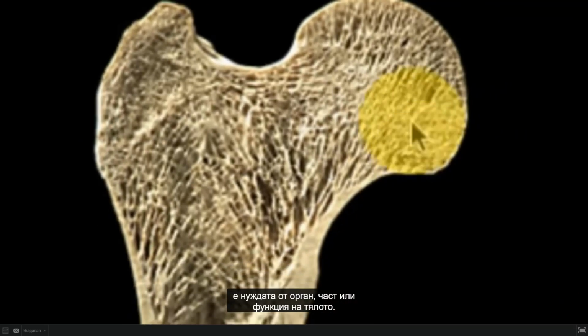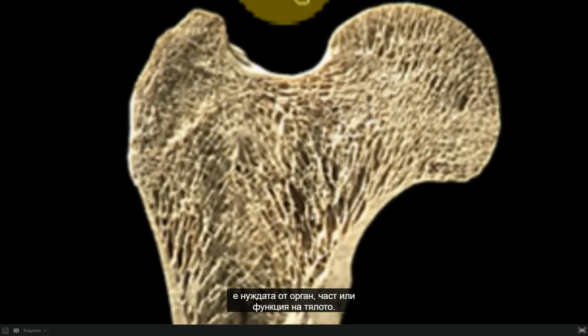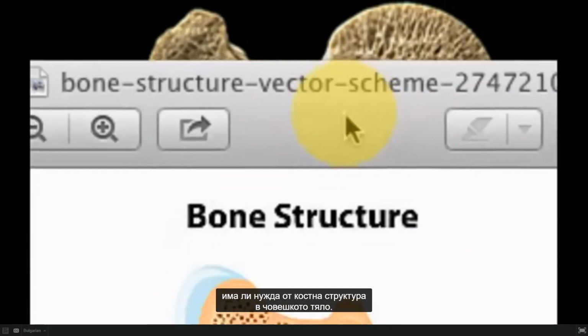Is there a need for a piece? Is there a need for a function in the body? And one of the main things to ask is, is there a need for a bone structure in the body of the man?